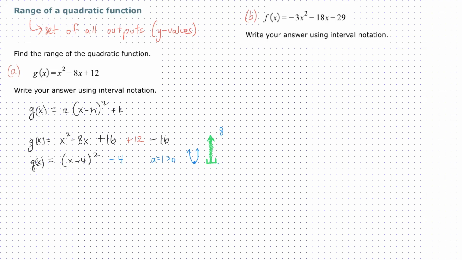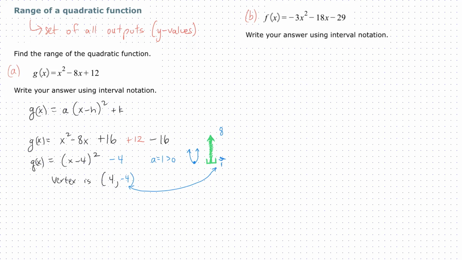My -4 should have been written this way, like that. The vertex, if you're wondering, is actually (4, -4). And this -4 here is matching to that one.